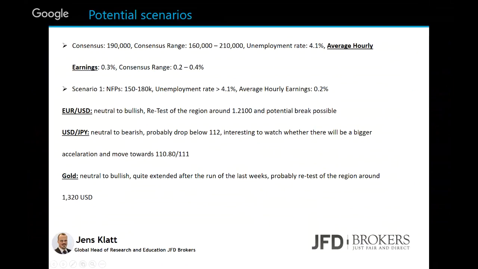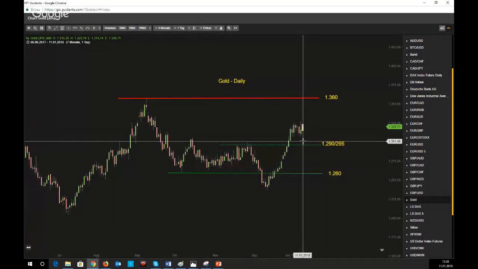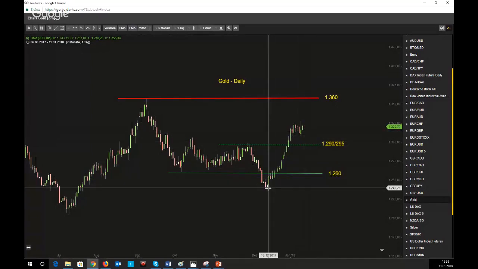But what I think is really interesting is the fact that right now, gold can stabilize here at these elevated levels. So you can see that gold has already pushed higher from the midst of December on, similar to the euro. So US dollar weakened based on yields coming down, and gold pushed aggressively higher, also mainly driven probably from the fact that the seasonal patterns right now suggest a bullishness in gold.